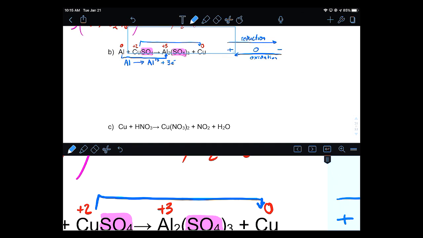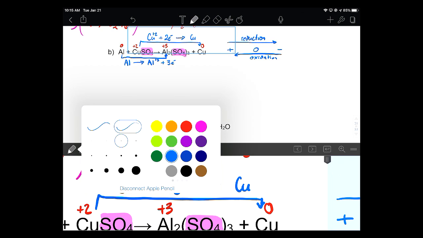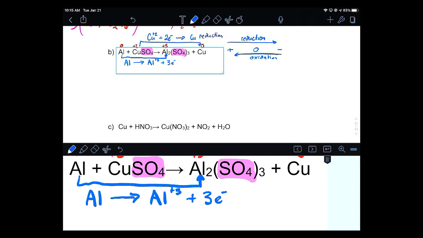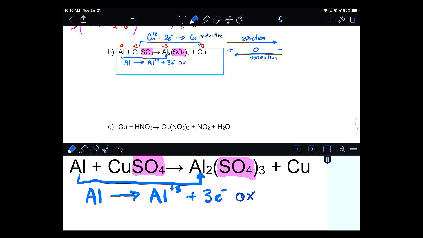On the other side, I have a copper 2+, and that copper +2 is getting 2 electrons to form copper metal. This one is reduction, and this one down here is oxidation.